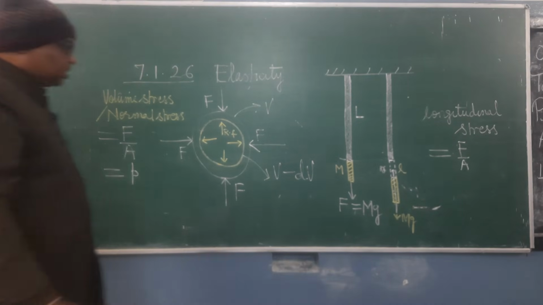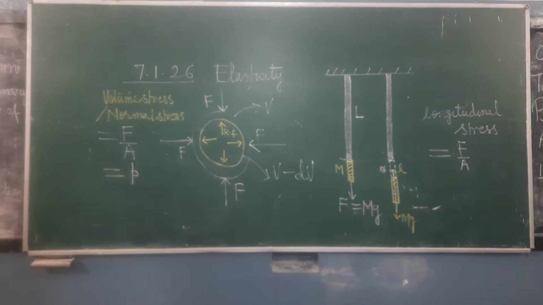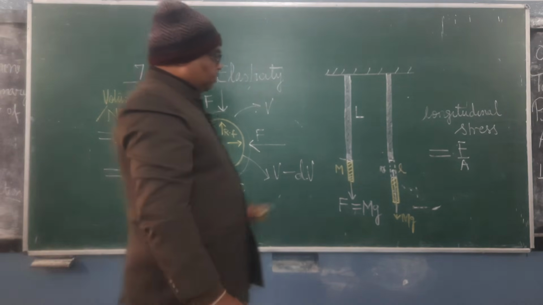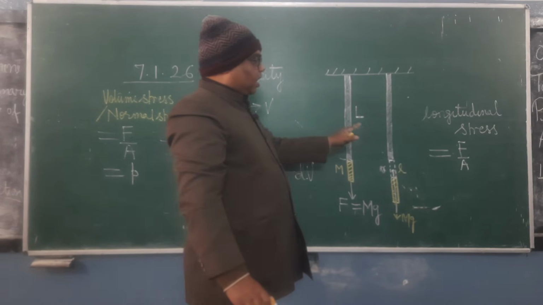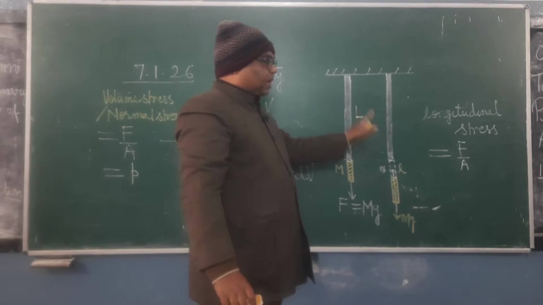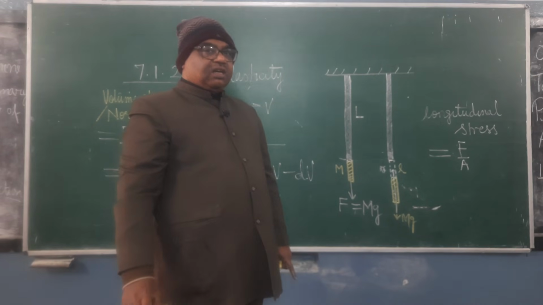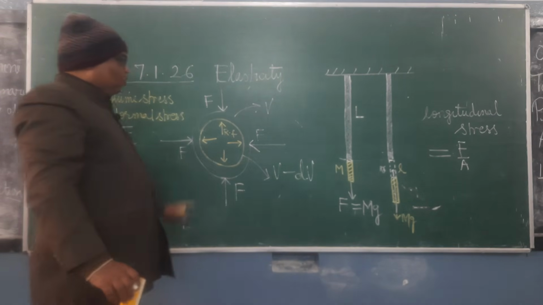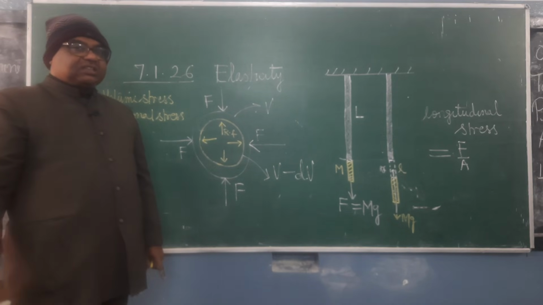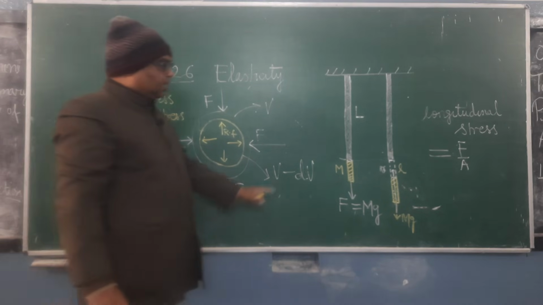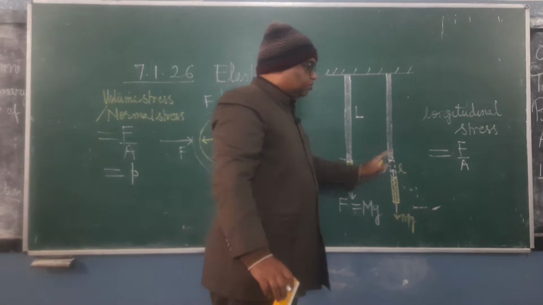What is shearing stress? Which produces a change in shape, no change in size. If you see in these two, what is changing? Shape is not changing. Before and after elongation, the shape of the wire is still cylindrical. Before and after compression, the shape of the body is still spherical, but the size has changed. Here length has become capital L plus small l.